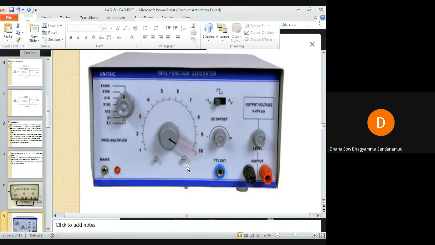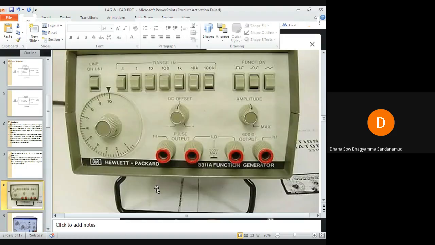If my function generator is of this type, then I'll make sure that this red line is on this 2, and this pointer of the knob is at 10. It's not a big issue; while doing the experiment you'll get the idea. So press 10 on the frequency range in the function generator, and make sure this 2 is exactly below this indicator. So 2 into 10, you will get 20 hertz.